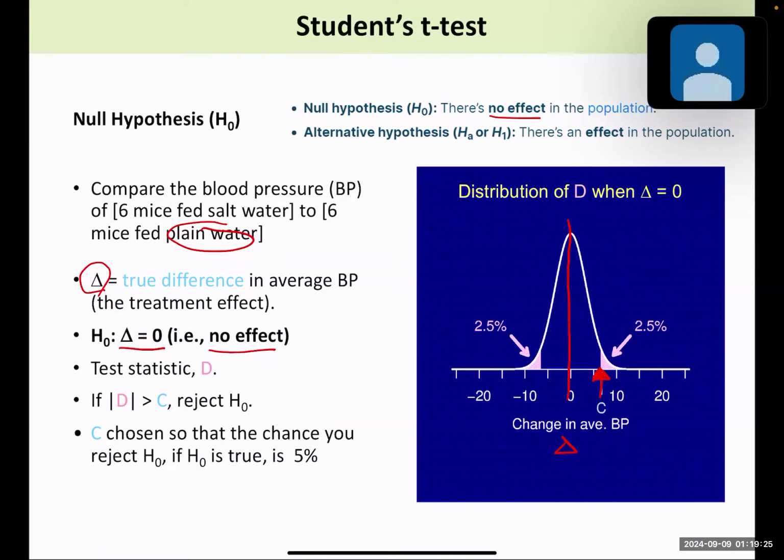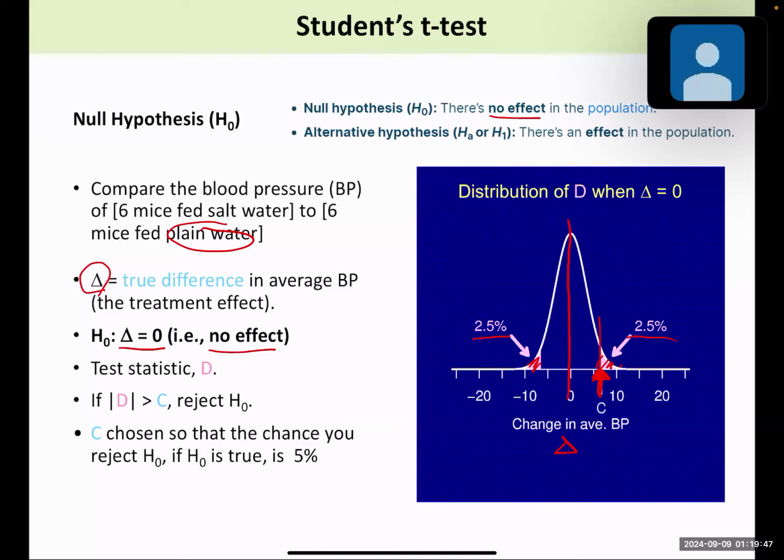And then the probability that this value, that additional data points are observed in more extreme values, is 2.5%, right? So that's the probability.